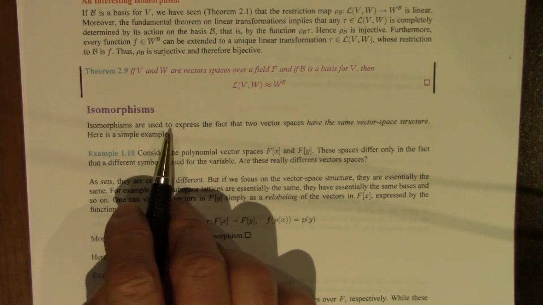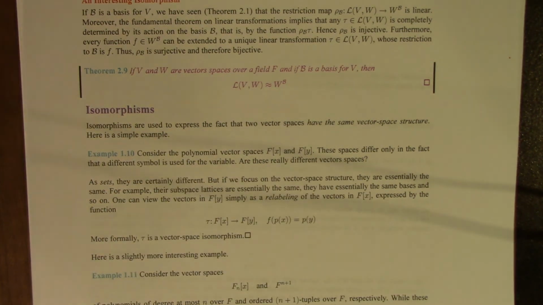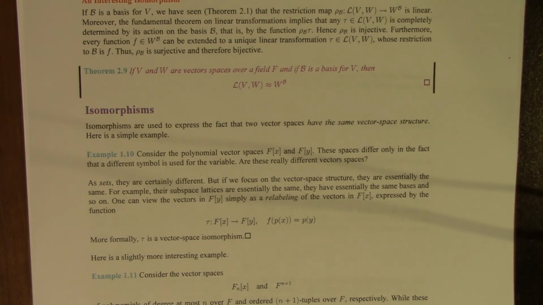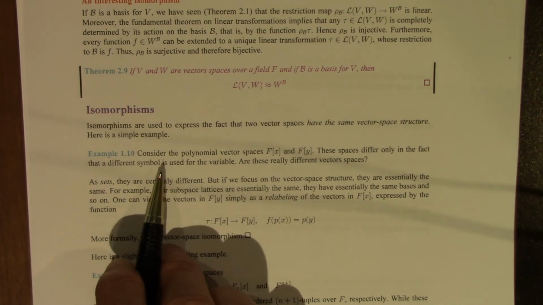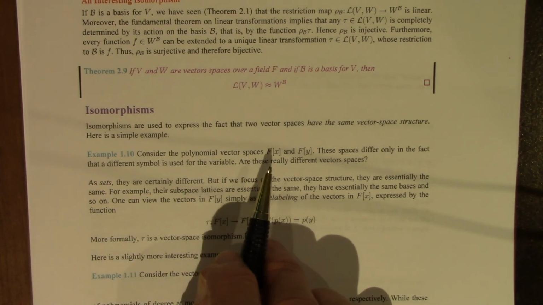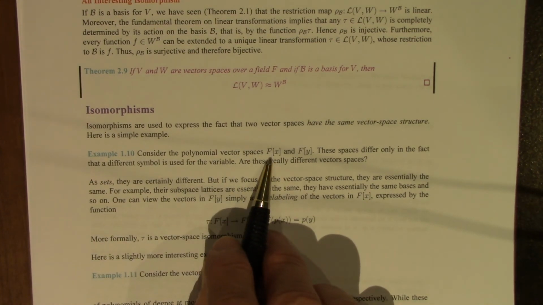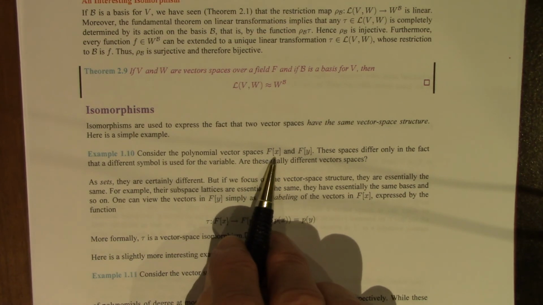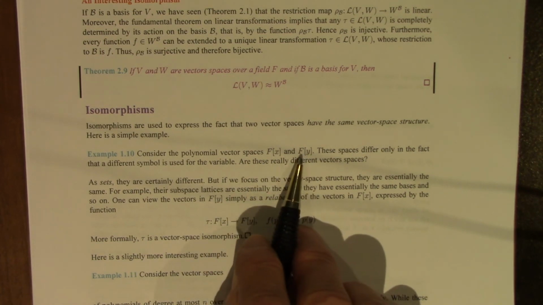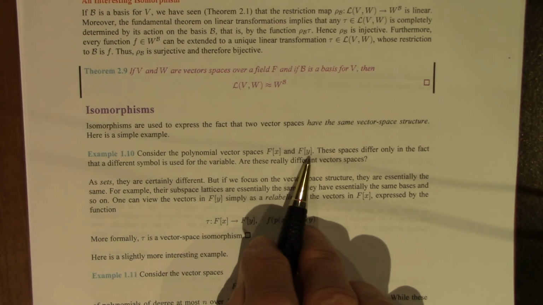Isomorphisms, which as you know are bijective linear transformations, are used to express the fact that two vector spaces have the same vector space structure. And here's a simple example. Consider the polynomial spaces F[x] and F[y].